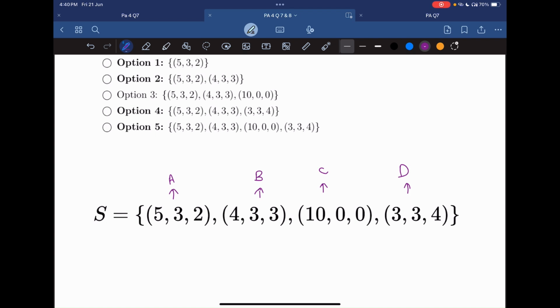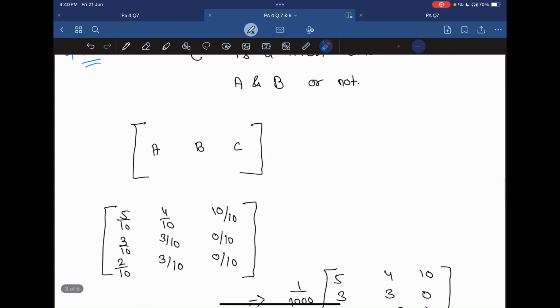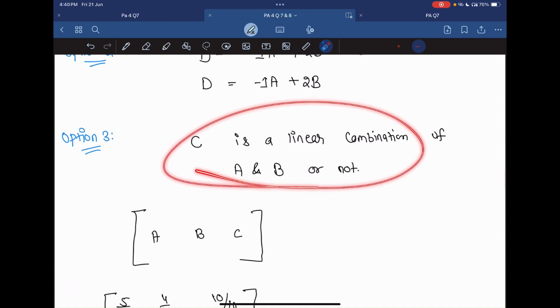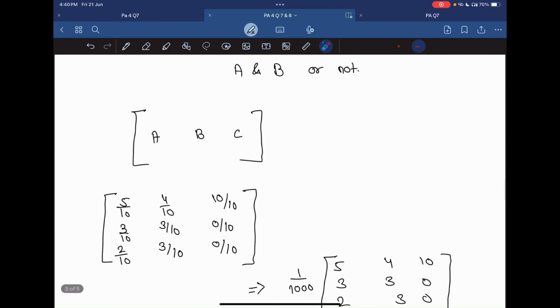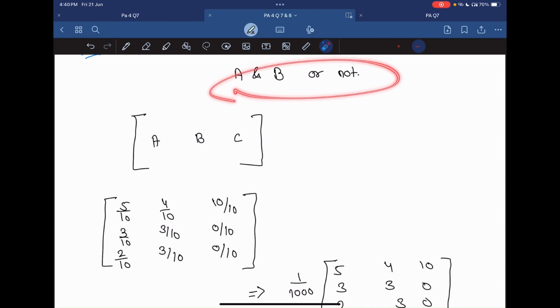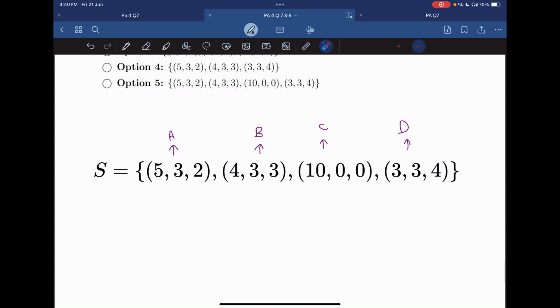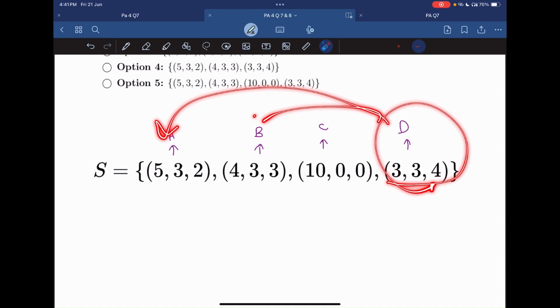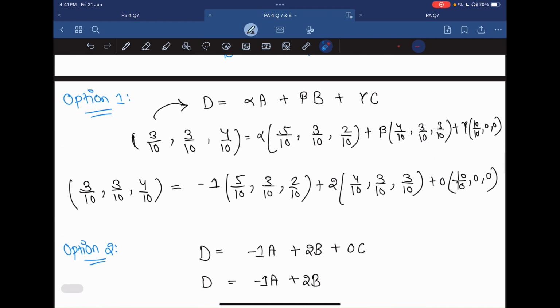So in the previous question, we got one result that the vectors A, B, and C are linearly independent. So that was for option 3. Here, we got the determinant of the matrix formed by the column vectors A, B, and C to be non-zero. So that means vectors A, B, C are linearly independent. And we also got one result that we can write the vector D as a linear combination of vectors A, B, and C. So that's what our option 1 was.